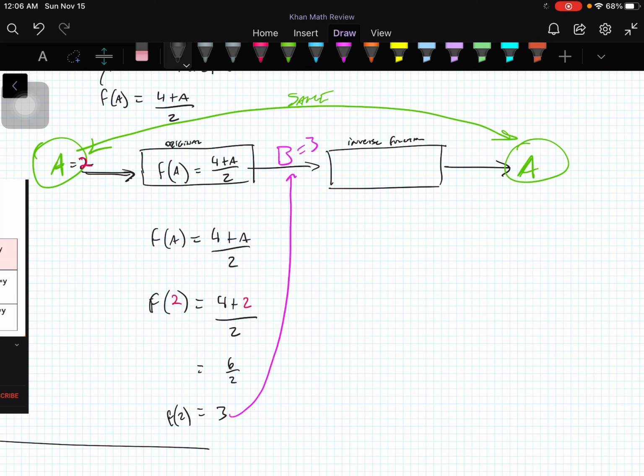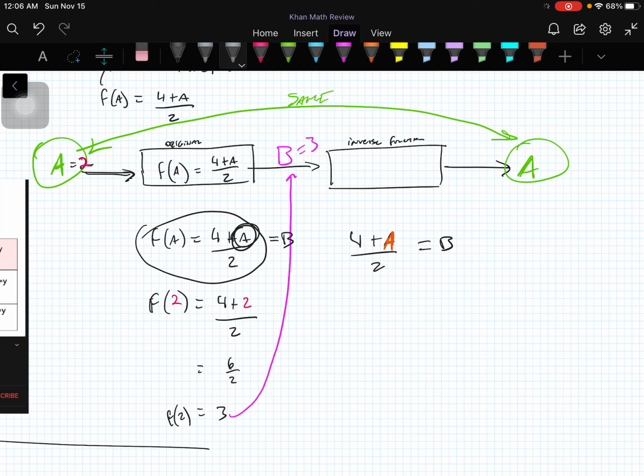It's actually very simple, since we're going to be using the variables a and b. If this was our initial function and it gives us b, then we need to isolate a. So 4 plus a divided by 2 equals b. We need to isolate this guy, as simple as that.